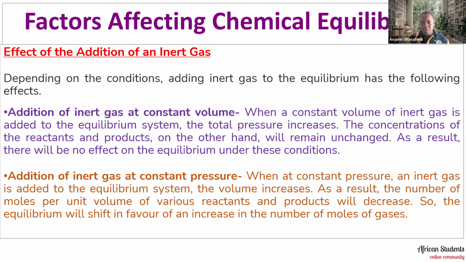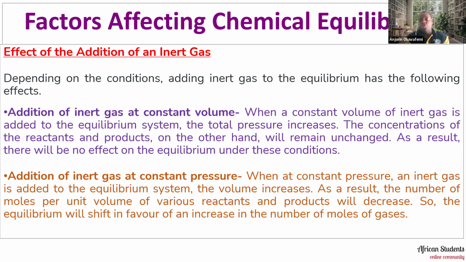Now, the reverse happens when inert gas is added at constant pressure. When at constant pressure, an inert gas is added to the equilibrium system, the volume increases. As a result, the number of moles per unit volume of various reactants and products will decrease.